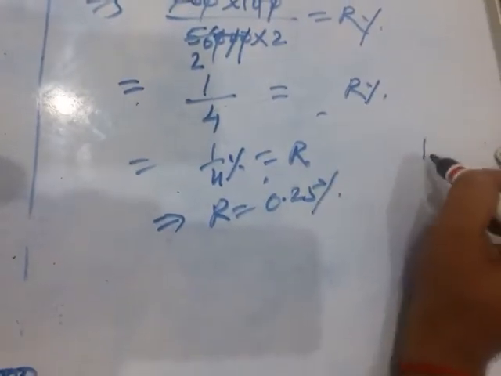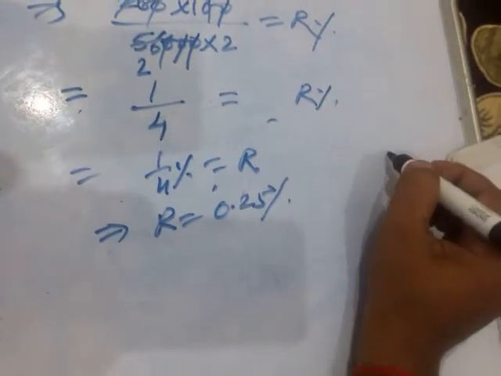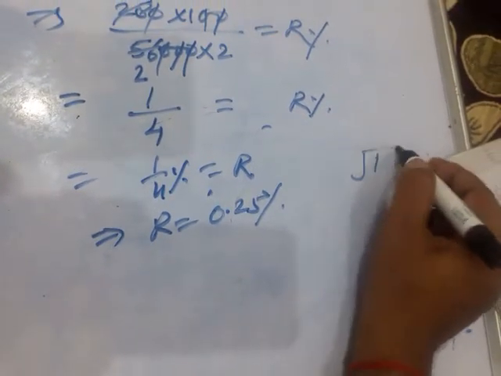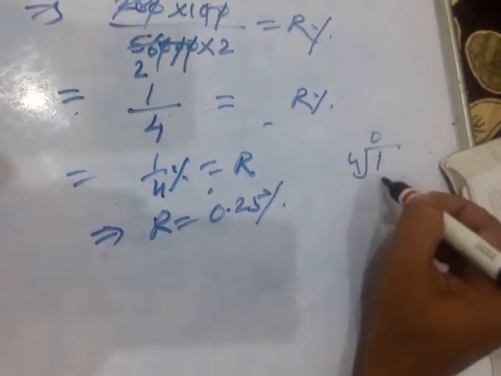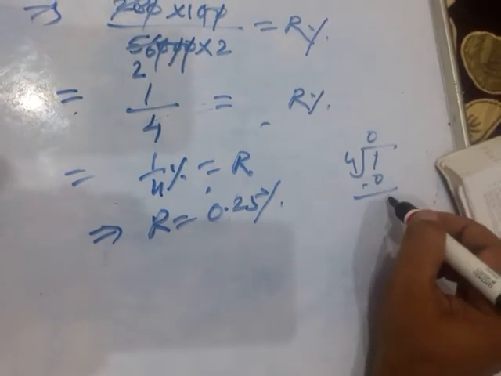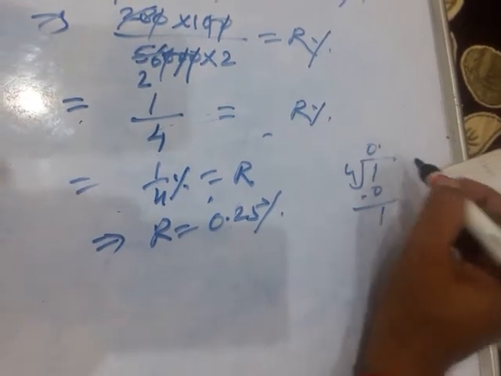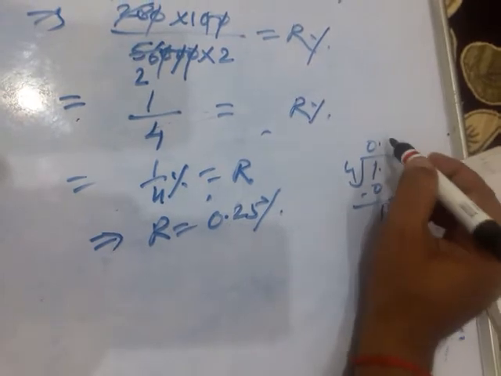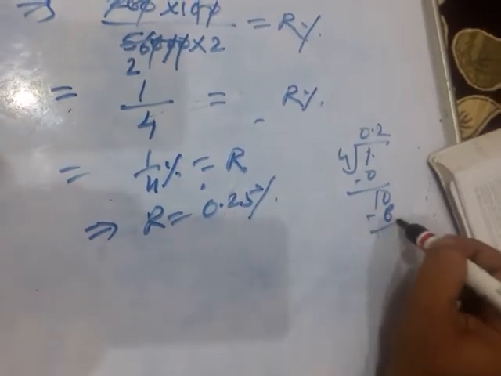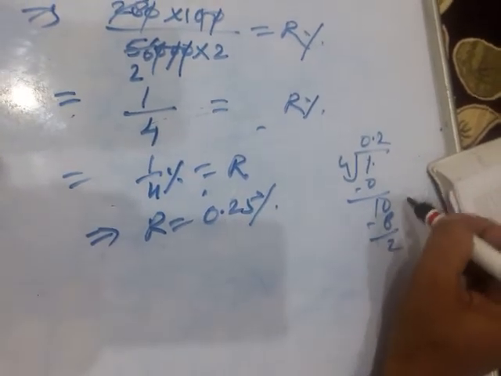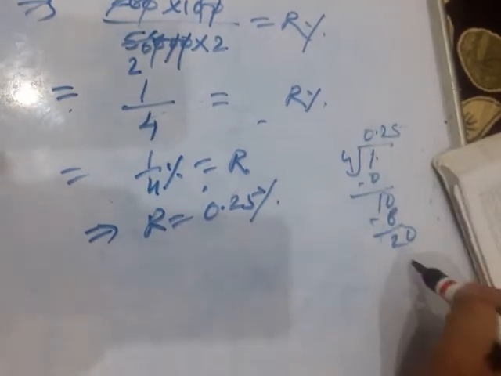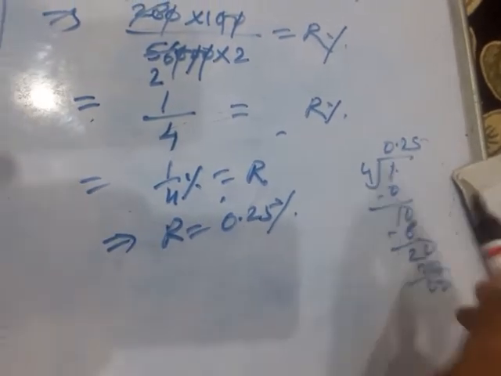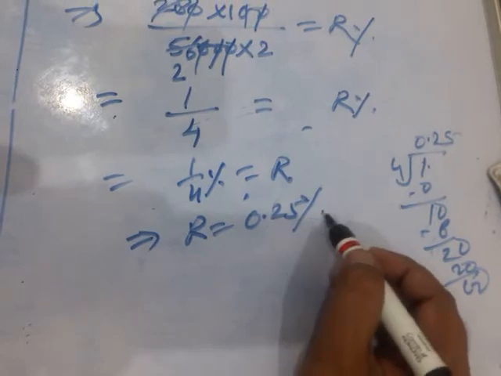Okay children, 1 upon 4 when converted into decimal will be what? 4 into 0, 1 minus 0 equals 1, again a decimal point will be there. 4 2 ja 8 and 10 minus 8 equal to 2, and once again 4 5 ja 20. So R equals 0.25 percent.